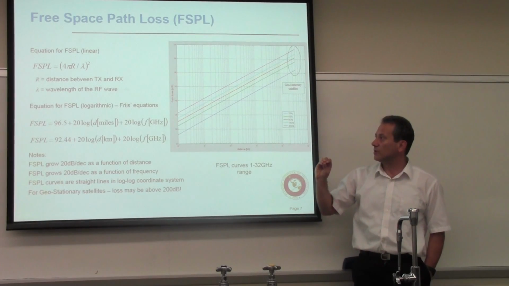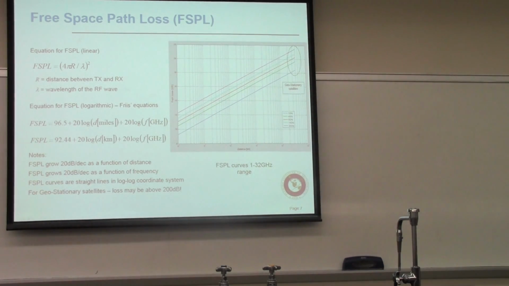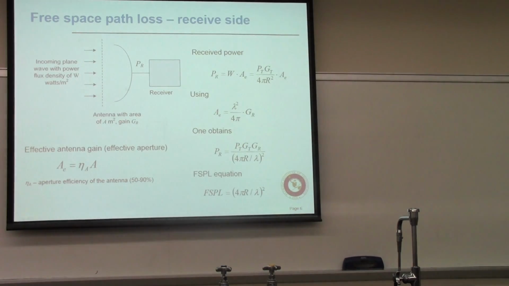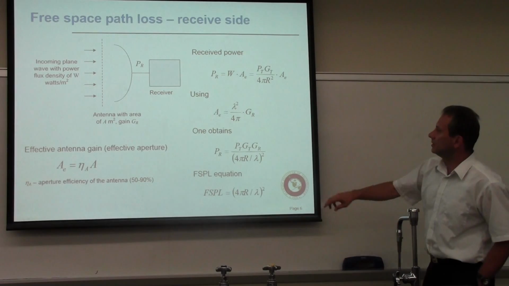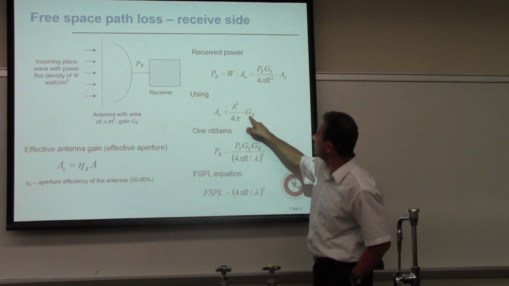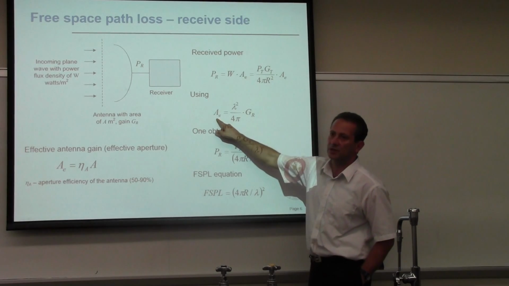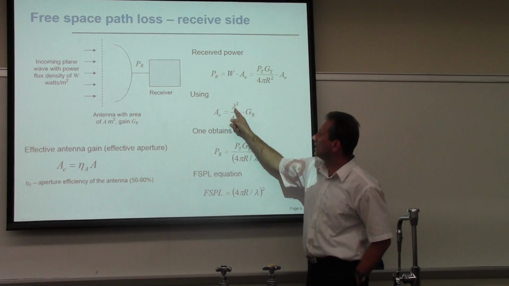But what you're missing from this chart is this relationship here. If you move this lambda squared downstairs, or express your G_R as 4 pi lambda squared.